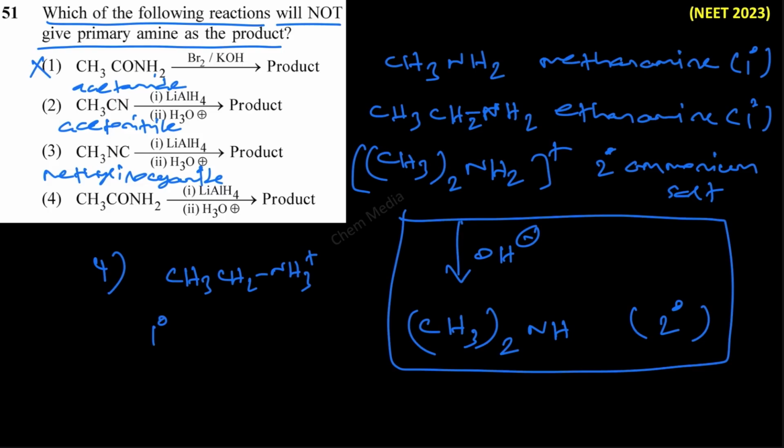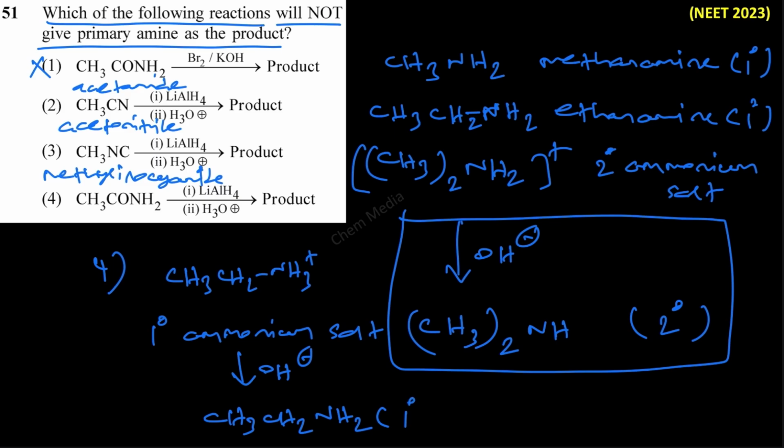This is a primary ammonium salt. Once again, only if we do a base neutralization, then we can get ethylamine. But ethylamine is a primary amine.